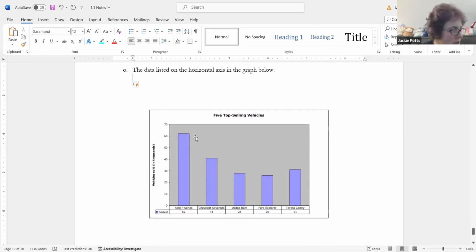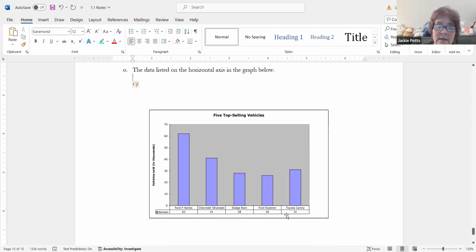is looking at the chart. What do you think? The data list on the horizontal. Well, it depends which data you're looking at on the horizontal.